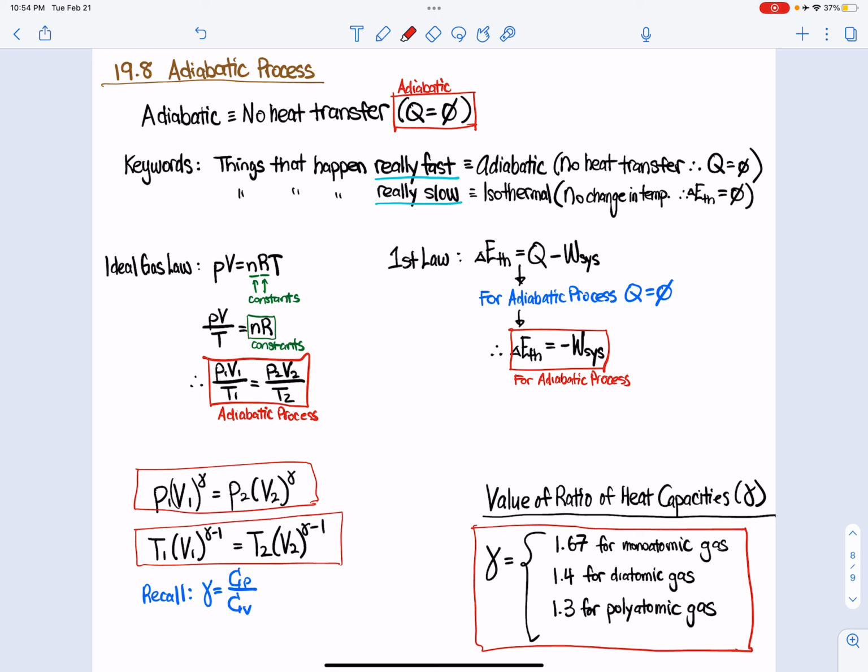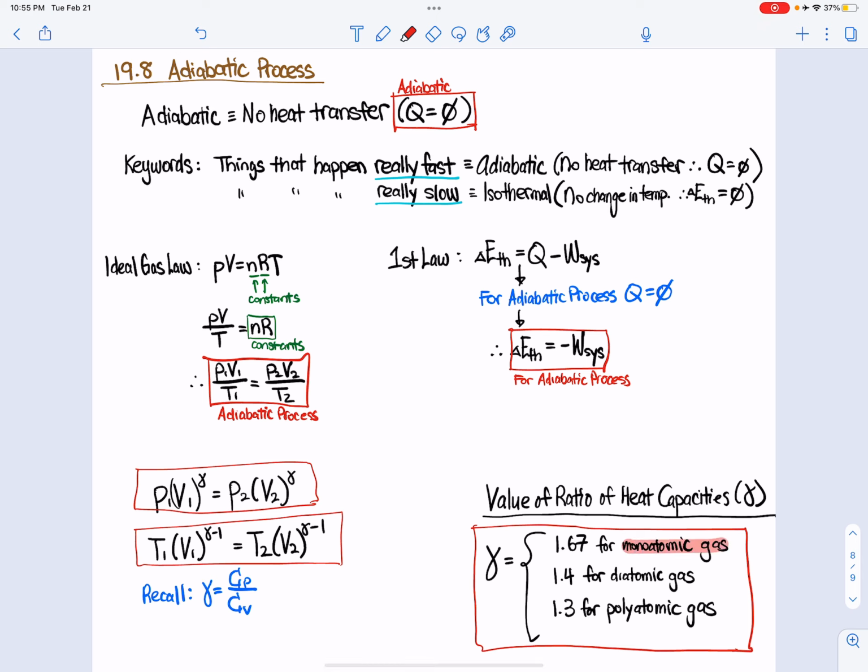And again, just recall that gamma is only Cp over Cv, right? The molar heat capacity at constant pressure over the molar heat capacity at constant volume. All right, and to end this lecture, I just want to state that the value of the ratio of heat capacity, gamma, changes depending on the type of gas you have.